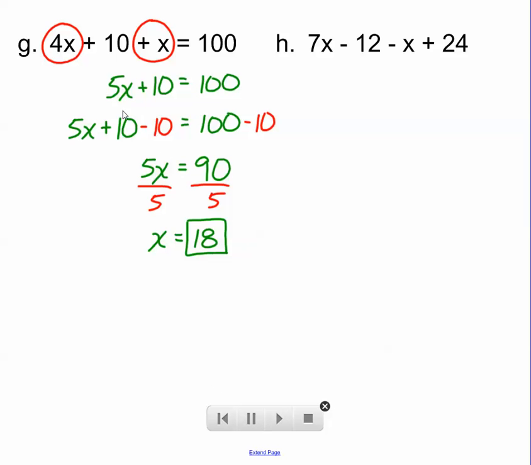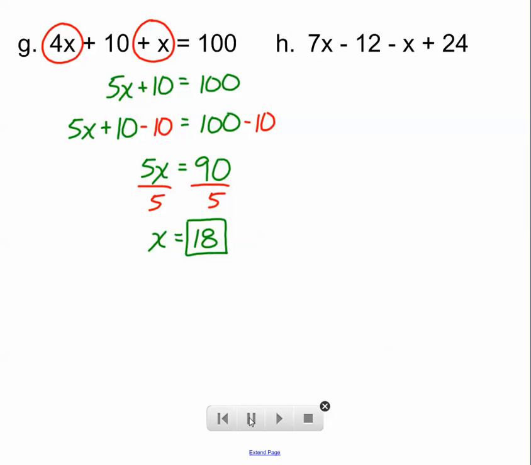Okay. 4 times 18 is 72. Plus 10 is 82. Plus 18 is 100. It gets a little bit tougher to check these, but it does work out.